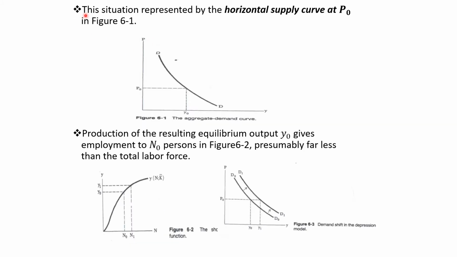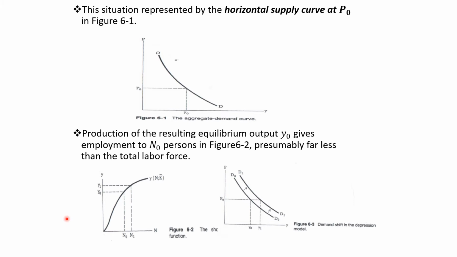This situation is represented by the horizontal supply curve at P0, which you can see in this figure 6.1. Production of the resulting equilibrium output Y0 gives the employment N0. You can see in this figure 6.2, this is the income Y0 and then the employment level N0, and this employment level is far less than the total labor force.